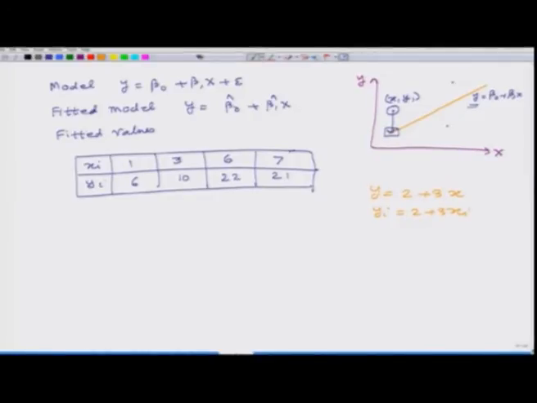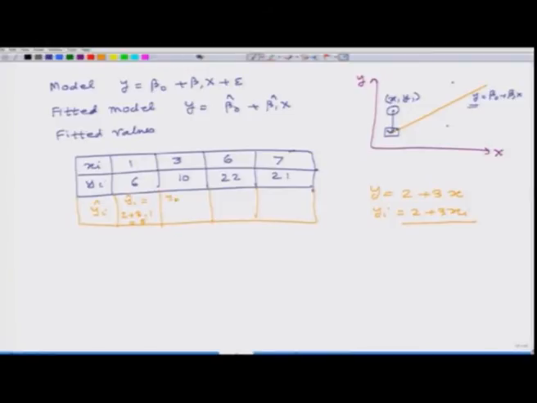Now I can obtain the value of yi hat. For example, y1 hat is going to be 2 plus 3 times x1, which is 1, so this is going to be 5.